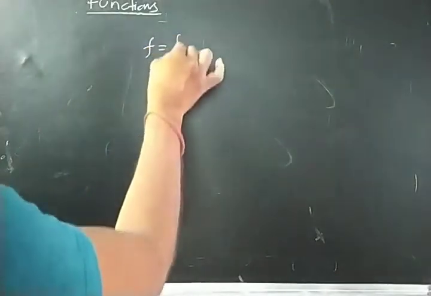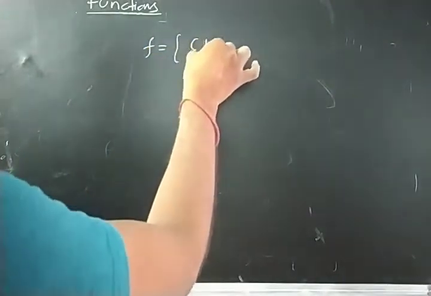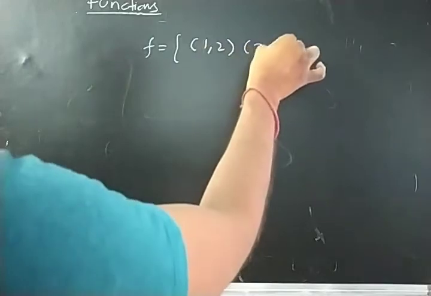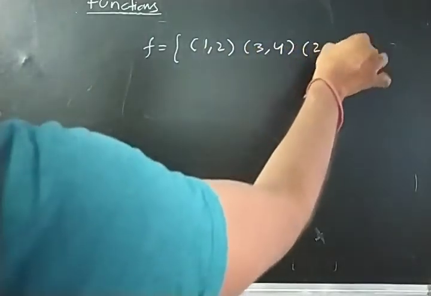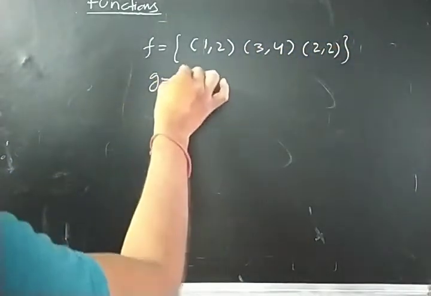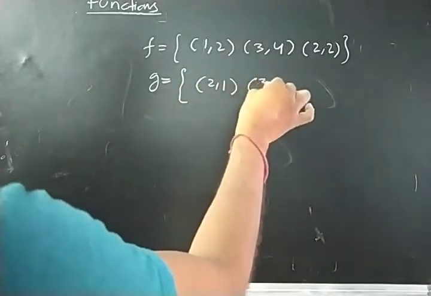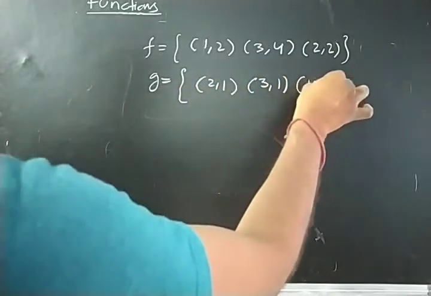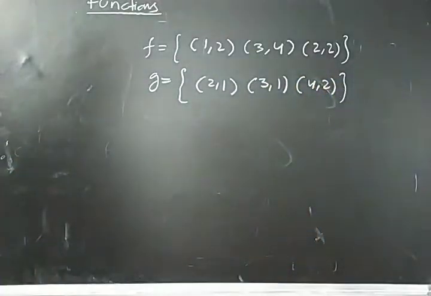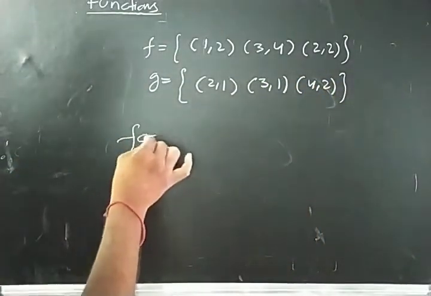What are the given functions? f has (1, 2), (3, 4), (2, 2), and g has the ordered pairs (2, 1), (3, 1), (4, 2). Now I am finding f circle g.